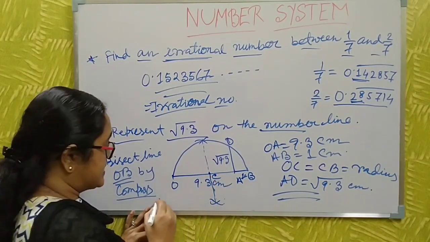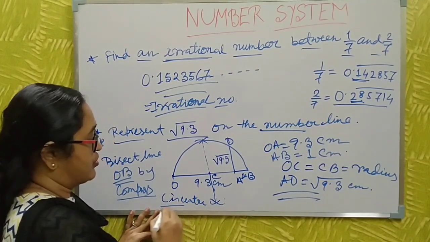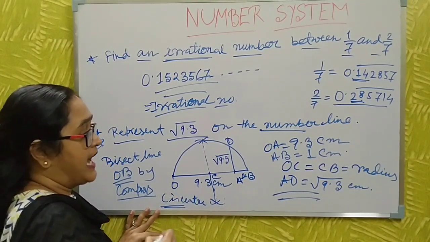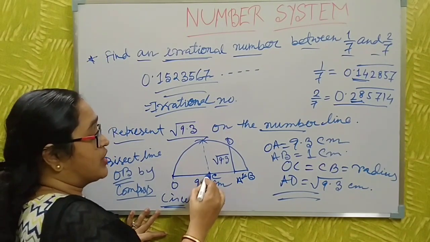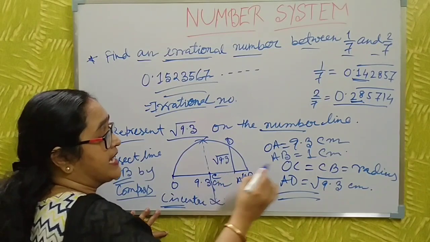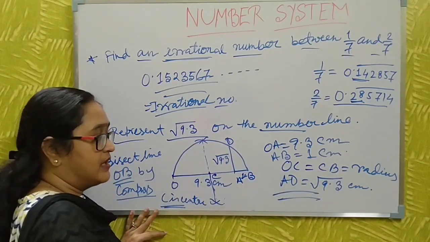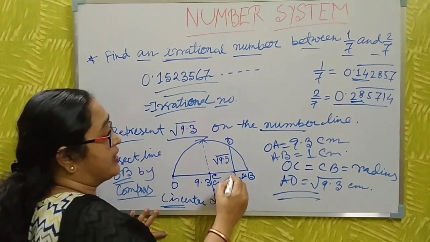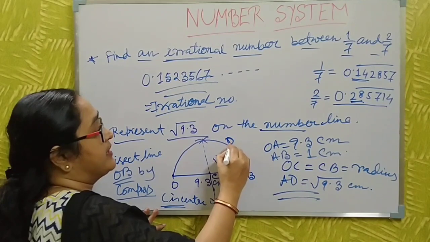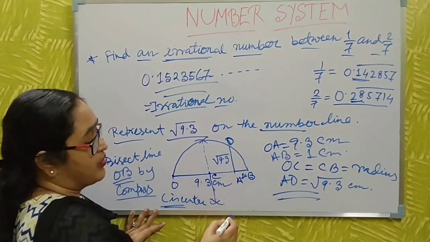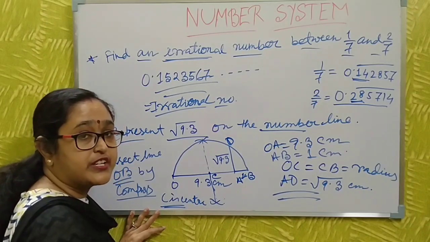C is the center, and OC is equal to CB, you already bisected. OC and CB is the radius. Take the radius and draw the half circle. Okay. Now you join OD. You join O and D. Okay. AD is under root 9.3 centimeter.